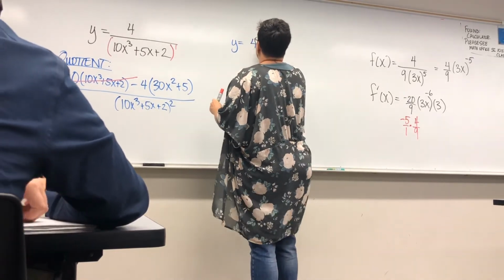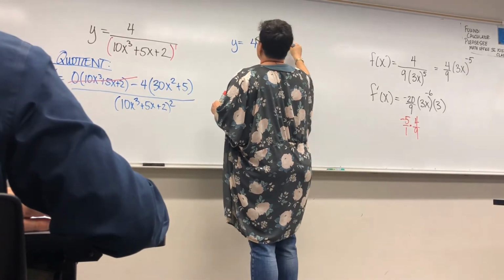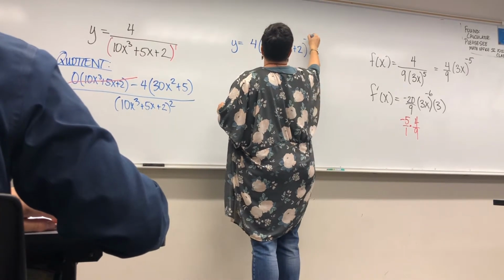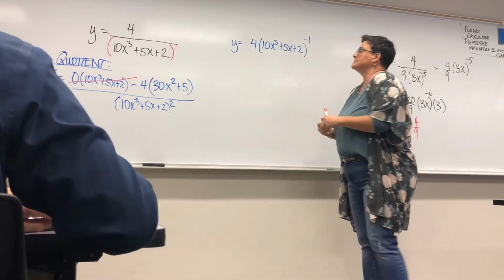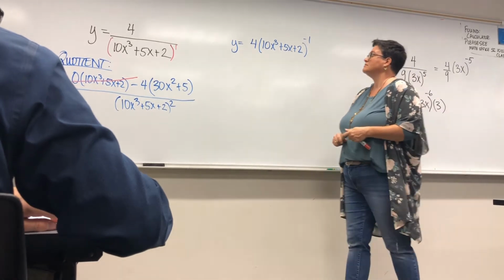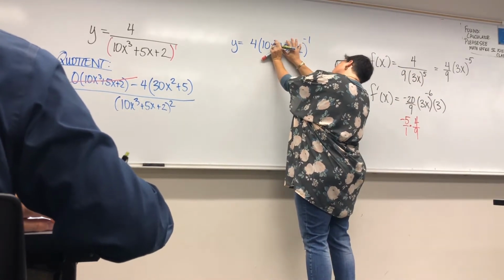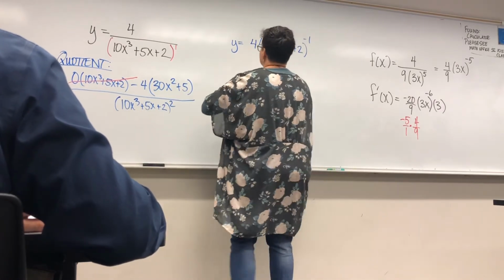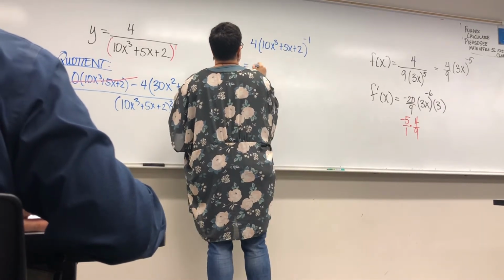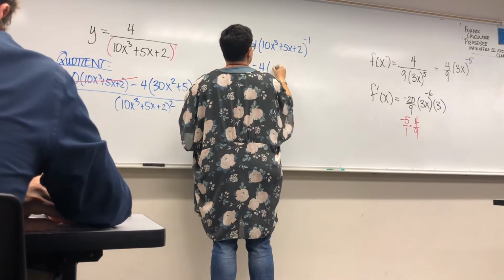So now I have 4 times 10x cubed plus 5x plus 2 to the negative 1. Now I can do d out d in. What's the derivative of the outside? Negative 4 junk to the negative what? 2.